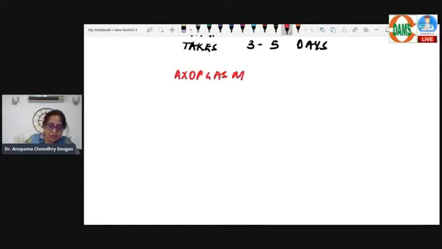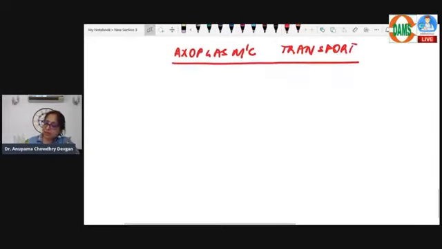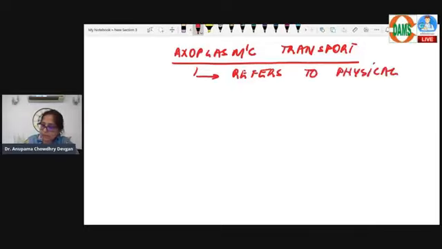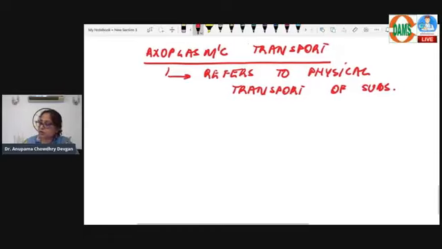Now, what is axoplasmic transport? Axoplasmic transport refers to the physical transport of substances through the axoplasm.